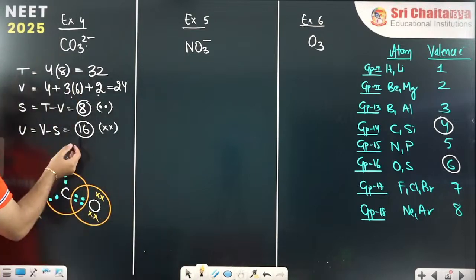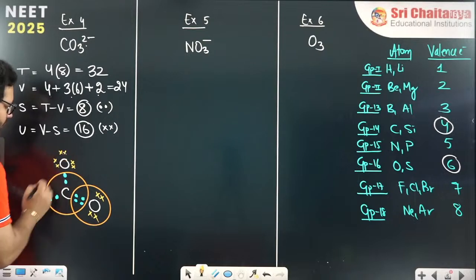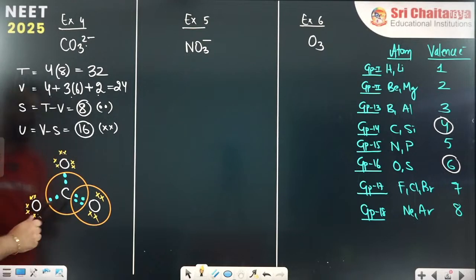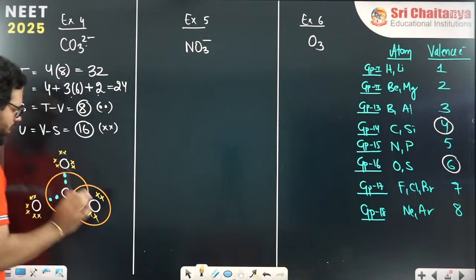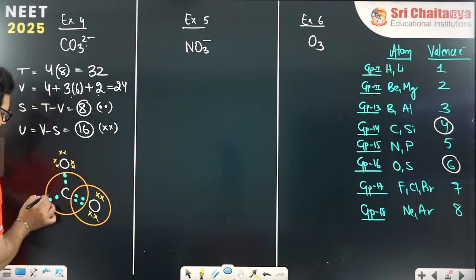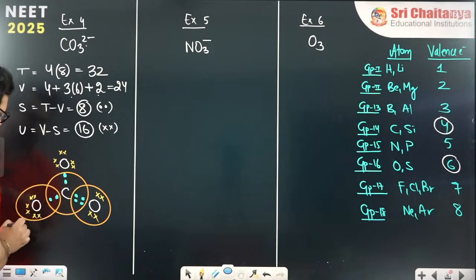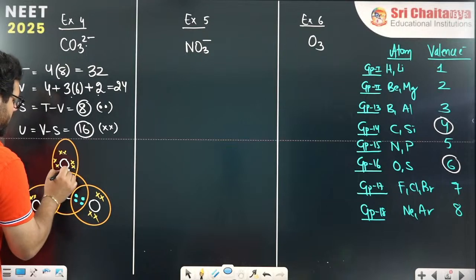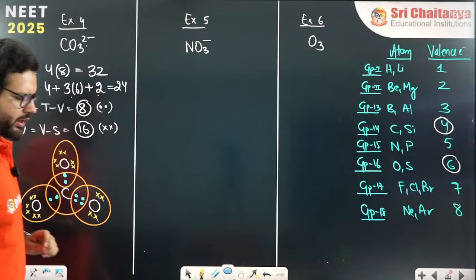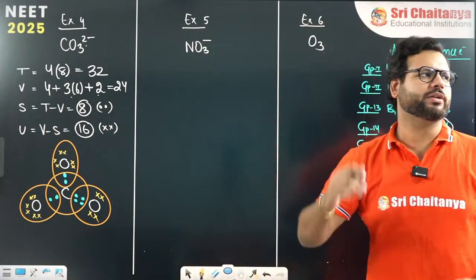So how many have I given out of 16? 1, 2, 3, 4, 5, 6, 7, 8, 9, 10, 11, 12, 13, 14, 15, 16. All 16 are given. This oxygen also becomes happy, and this oxygen is also happy. So I have given the total shared and unshared electrons in such a way.